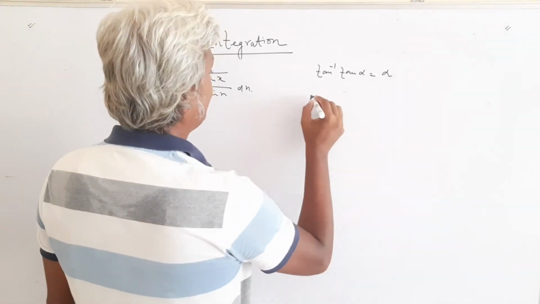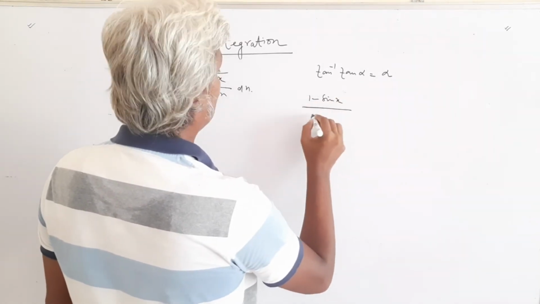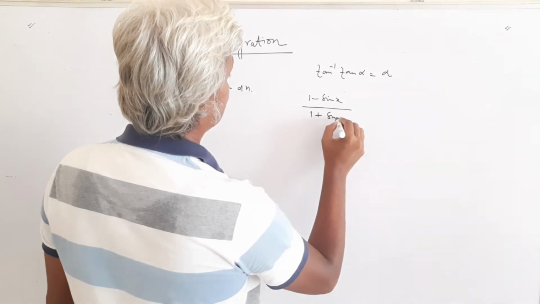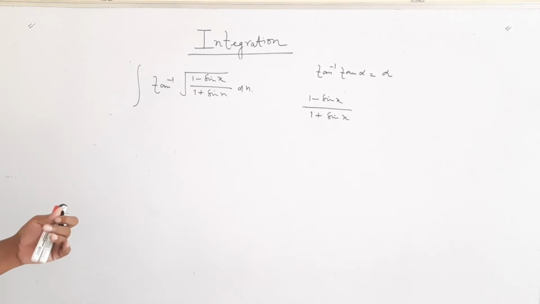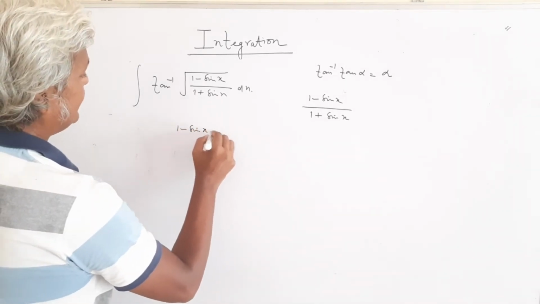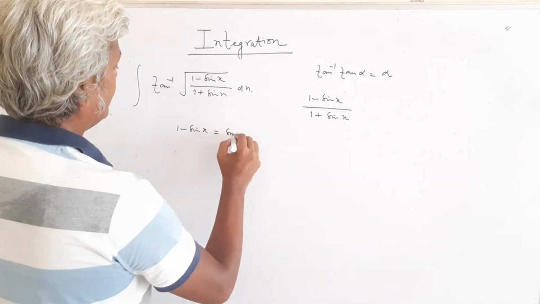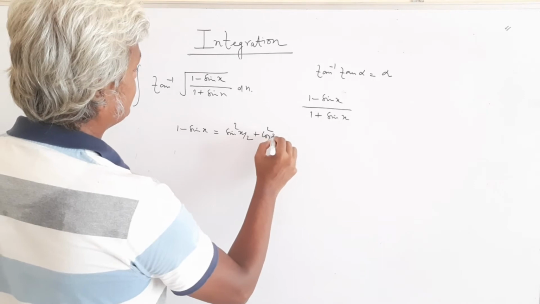So first I write 1 minus sine x upon 1 plus sine x. Just in the previous question you saw that 1 can be written as sine square x by 2 plus cos square x by 2.